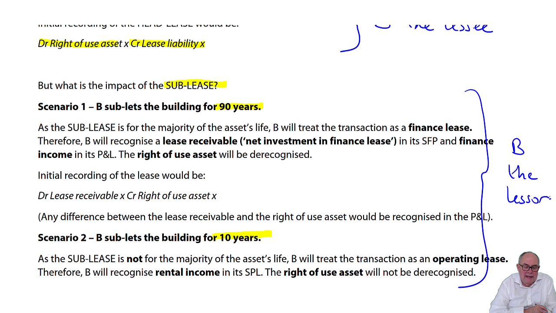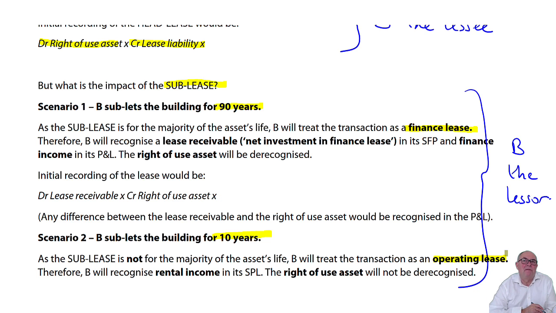Think about lessor accounting. Either things are finance leases or operating leases. Long-term leases that we give as a lessor are finance leases. Short-term leases are operating leases. Then we just have to say, well, what's the accounting for these things?